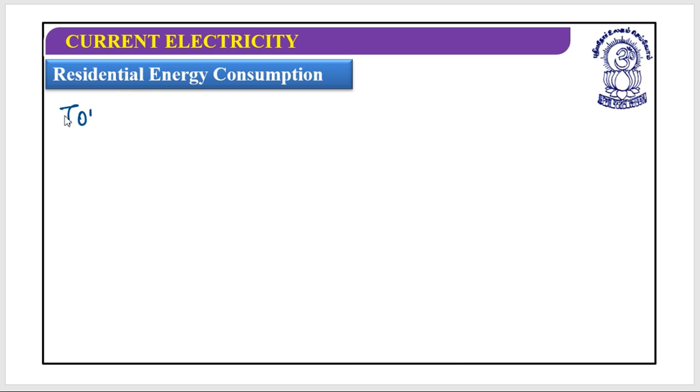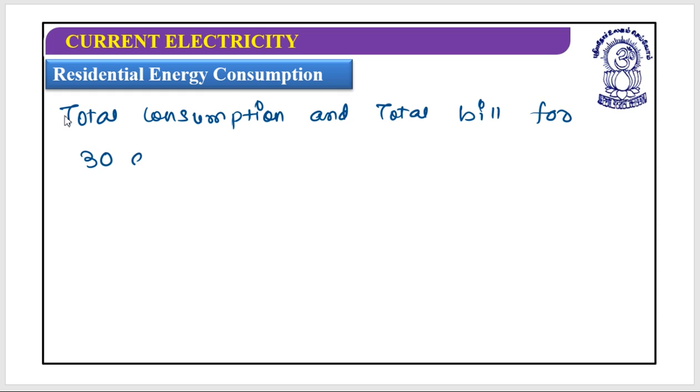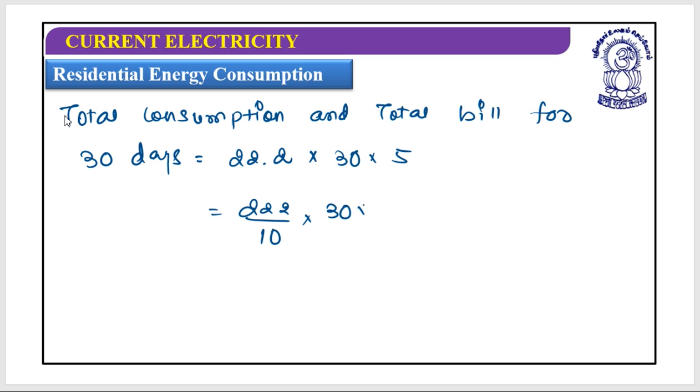So total consumption and total bill for 30 days is 22.2 units per day multiplied by 30 days multiplied by 5 rupees. So this is 222 divided by 10 multiplied by 30 into 5.